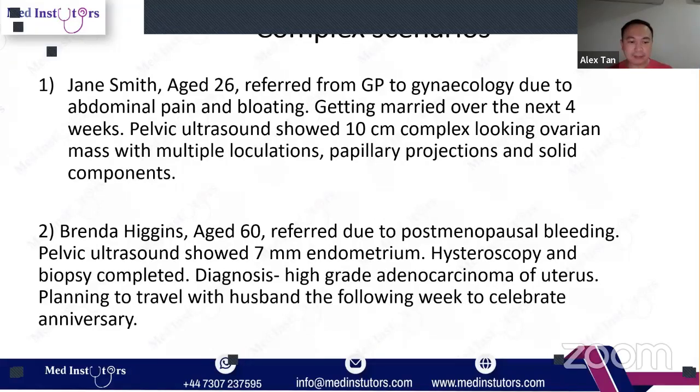Is that clear to everyone? Yes, ma'am. Dr. Tan, as the patient says I don't want any radiation in my body, what should I say? I completely agree as well. You can say, Jane, I understand your point and your concern.